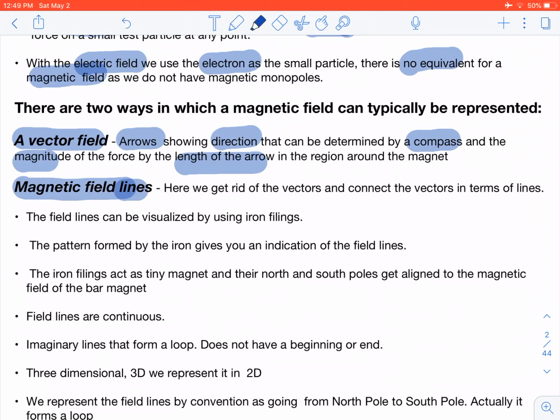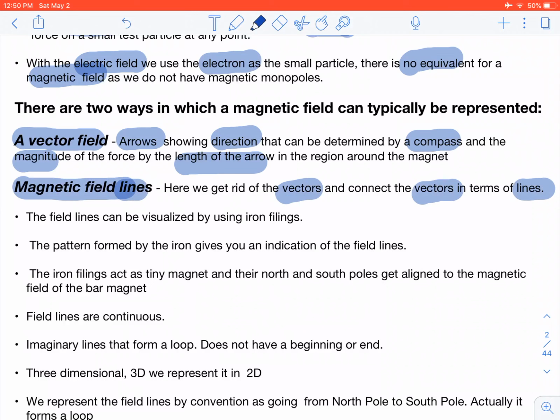Here we get rid of the vectors, right? And we connect the vectors in terms of lines. But it's useful to have the vector picture so that you at least have an indication of the strength of the magnetic field.